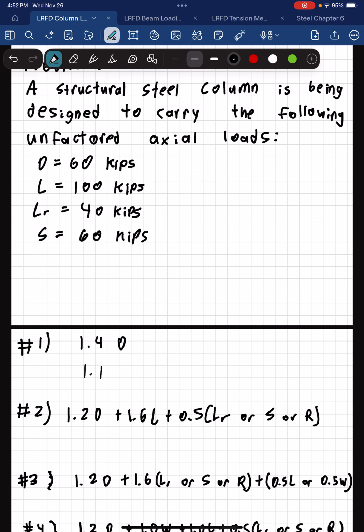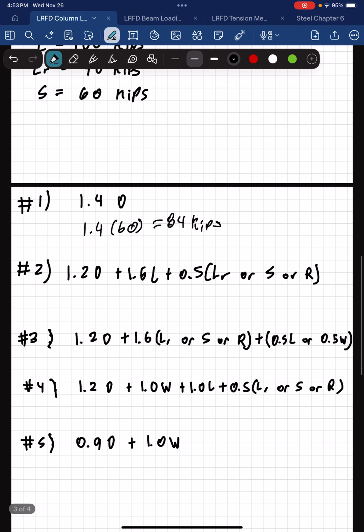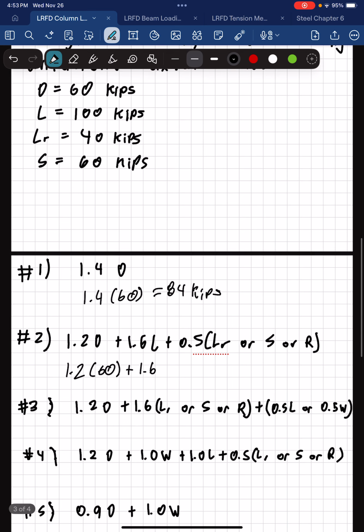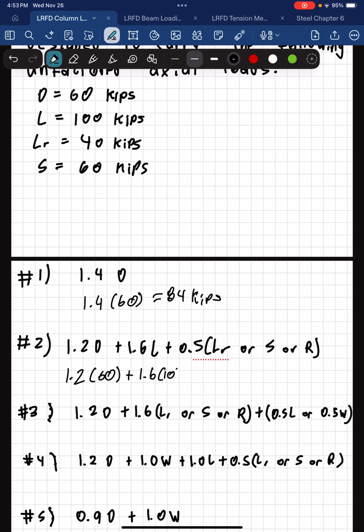So if we look at equation 1, we have 1.4 times 60 kips. Plug that into our calculator, we have 84 kips. If we look at our next loading situation, we have 1.2 times 60 plus 1.6 times 100 plus 0.5 times whatever our controlling load is going to be.